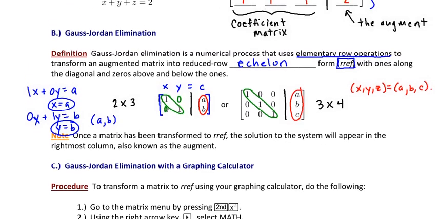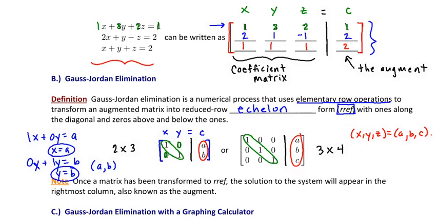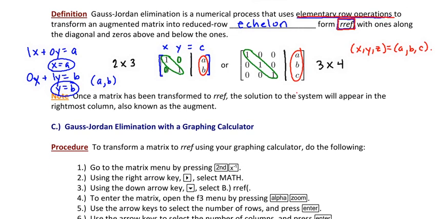So again, the first step is to get our system out of algebraic form into the form of an augmented matrix. Then we're going to enter that information into our calculator. The calculator is going to apply the elementary row operations to get it into this RREF form, and then we'll be able to read the solution in the augment.